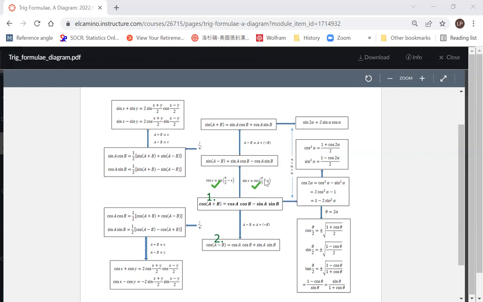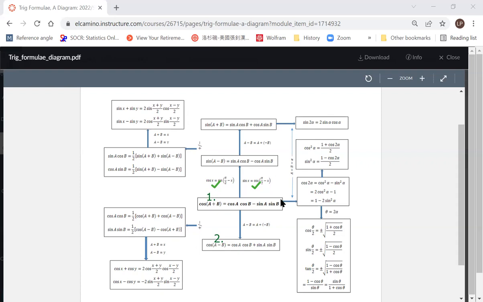And afterwards, we're going to prove the sine of a minus b and the sine of a plus b. It actually doesn't matter which one comes first, and you can prove the other one.